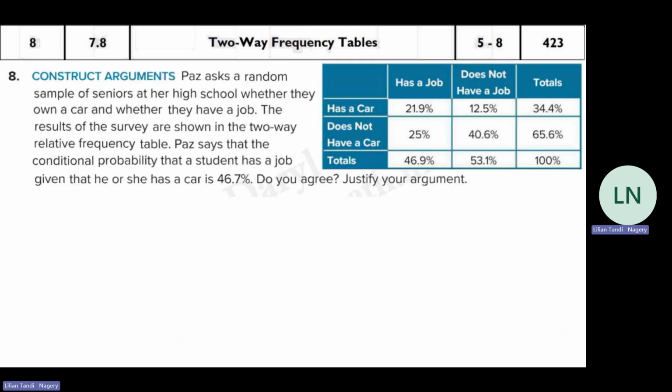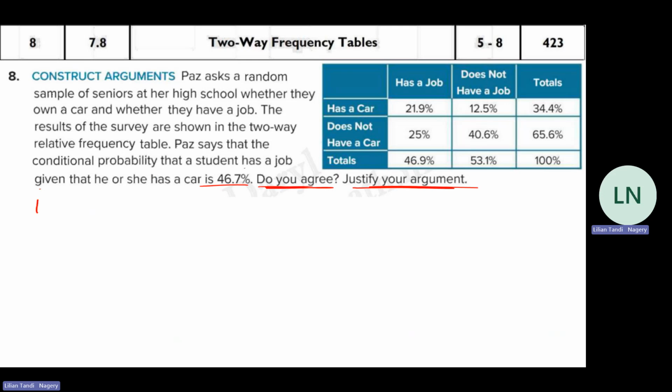Paz asks a random sample of seniors at her high school whether they own a car and whether they have a job. The results of the survey are shown in the two-way relative frequency table. Paz says that the conditional probability that a student has a job given that she has a car is 46.7%. Do you agree? Justify your argument.